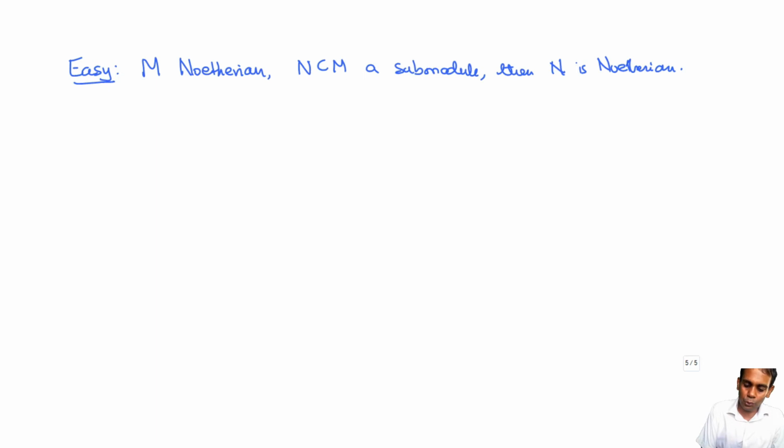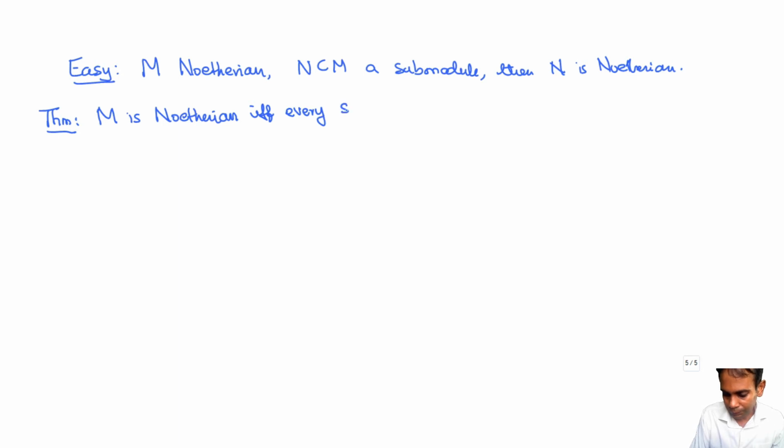So let's prove the stronger result about Noetherian and finite generation. Theorem, and this is actually a characterization of Noetherianness: an R module M is Noetherian if and only if every submodule of M is finitely generated.